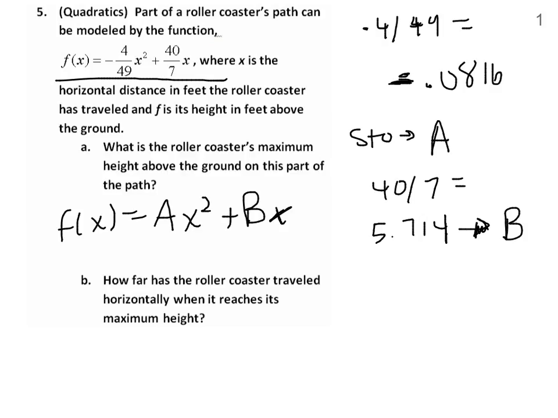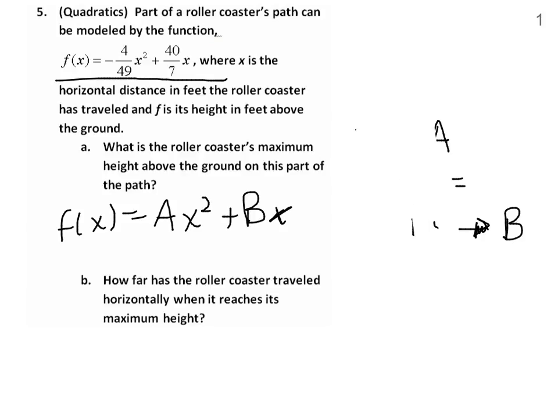So it says, what's the roller coaster's maximum height above the ground on this part of the path? Well, we've got a couple different ways we can find the maximum. We can use our formula, negative b over 2a. That'll give our x value of the maximum. Or you can use your calculator, but I will do the formula method.